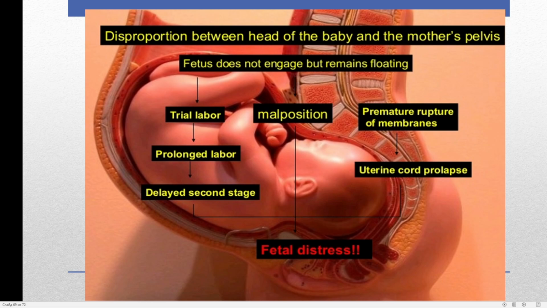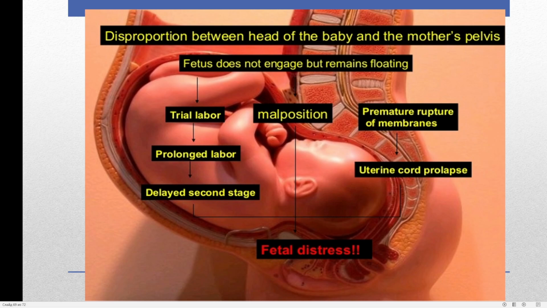What complications are possible in the case of a functionally or clinically contracted pelvis? The fetus does not engage but remains floating. As a result, there may be trial labor, prolonged labor, and a delayed second stage of labor because of over-distension of the uterine wall. Maybe preterm or premature rupture of membranes.